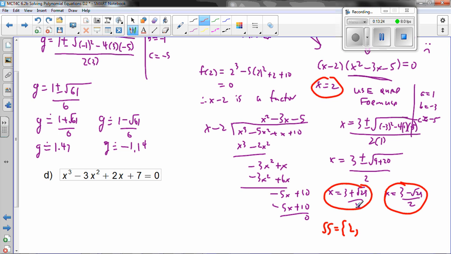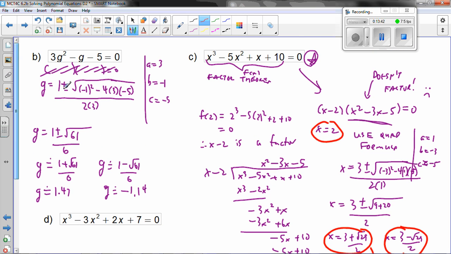This one, when I pound it into a calculator, you should get around 4.19, and this one is, what is that? That's negative 1.69, about. That's that one, and that's that one. 3 solutions. And that kind of makes sense, because if I thought of the cubic function, it starts low, ends high, it probably has 3 zeros.